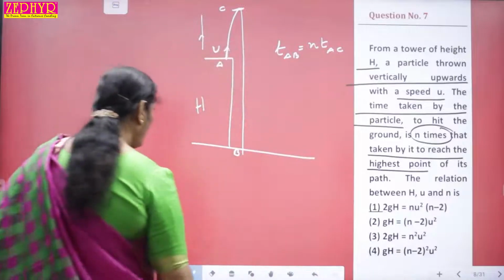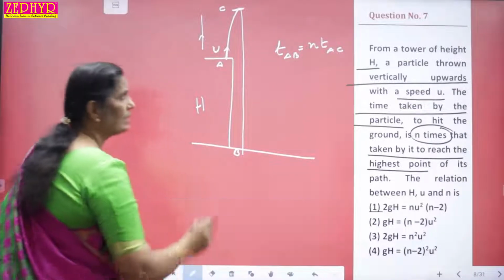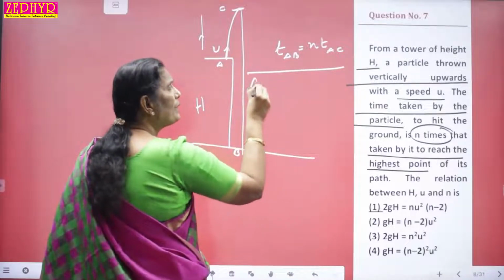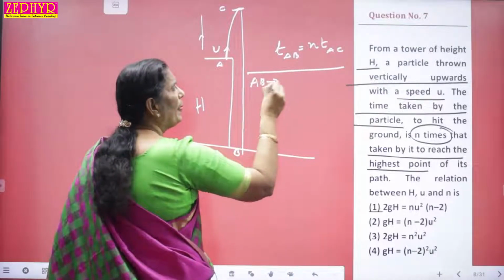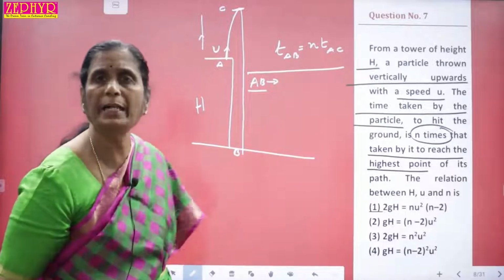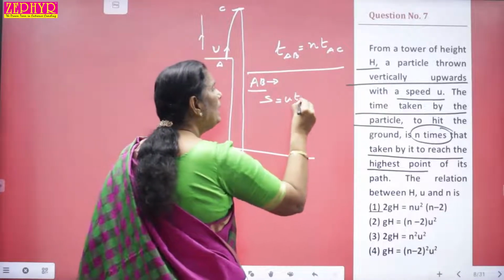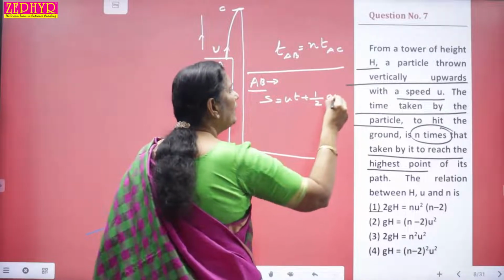Simple. We should know how to write the equations. First we will write the equation for the journey AB. Start with S is equal to ut plus half at square.